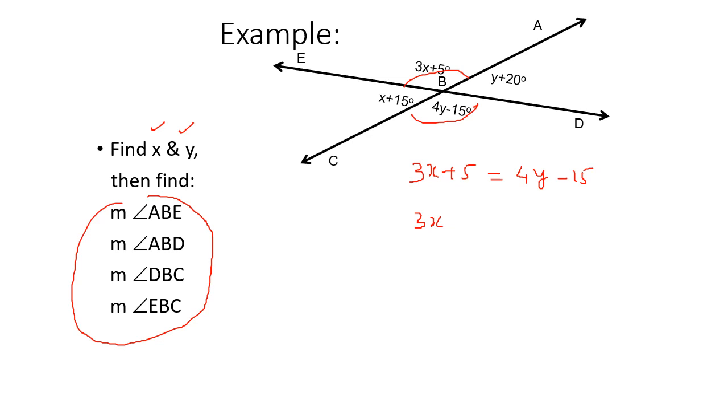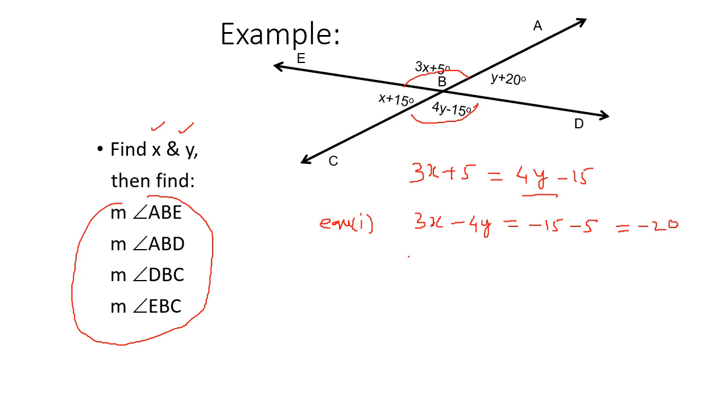The 4y was on the right side of the equal sign. I have to bring it to this side, so positive becomes negative when you change the side. And let me bring this 5 to that side. So minus 15 was already there, minus 5 is there. So this becomes minus 5 and minus 15, which is equal to minus 20. Now this is the first equation, called equation number 1.